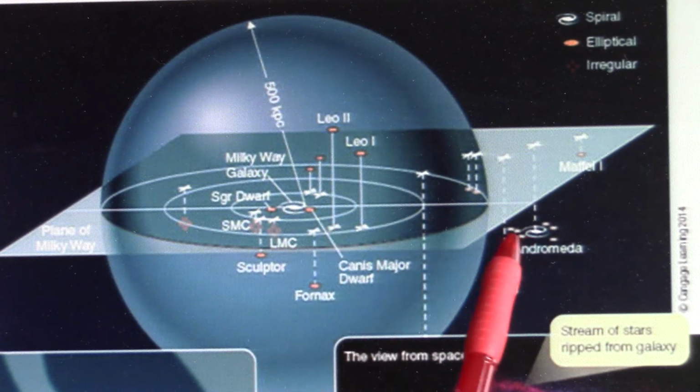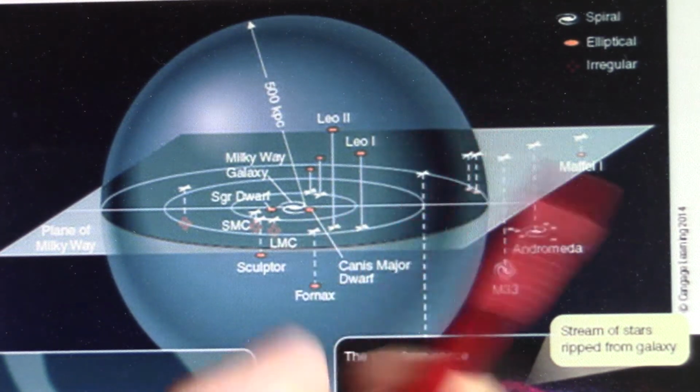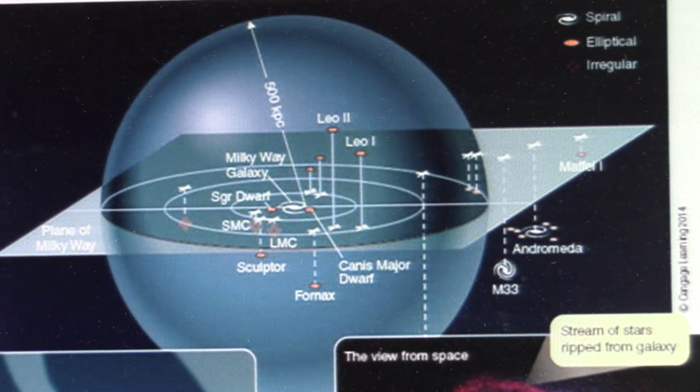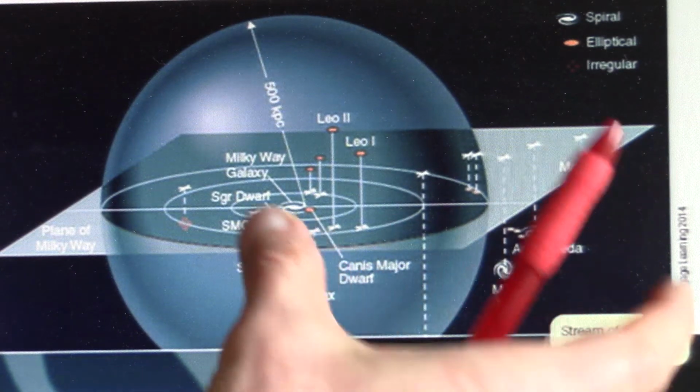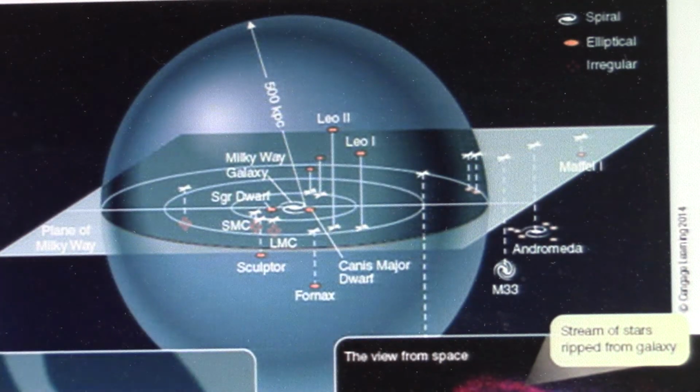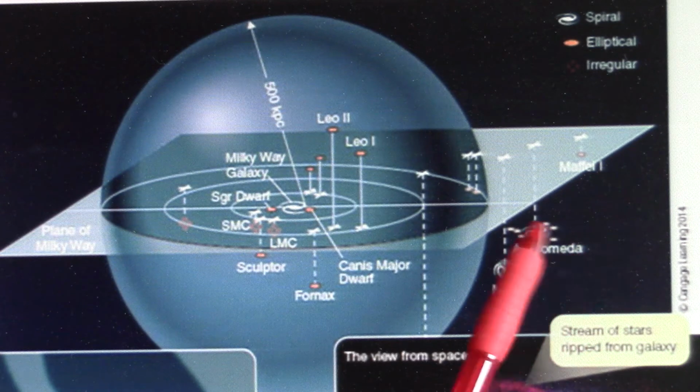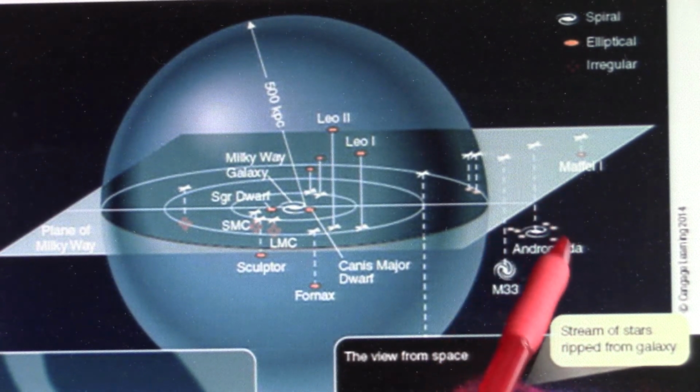There's a gravitational attraction, so we're headed right towards each other. Some billions of years from now, we're going to collide or get really close to each other, and we'll probably form and become a big galaxy of some type. You can see Andromeda has little galaxies that orbit it as well.